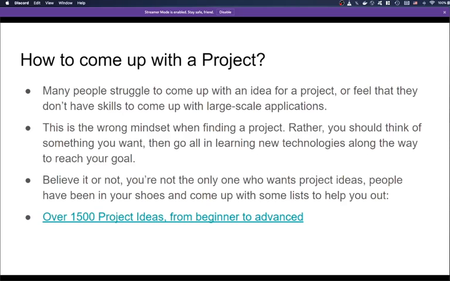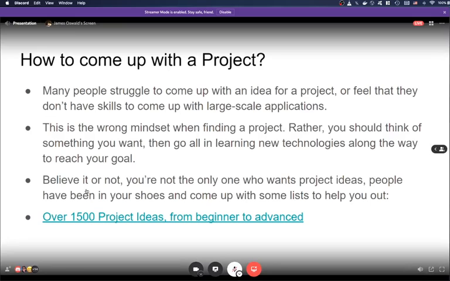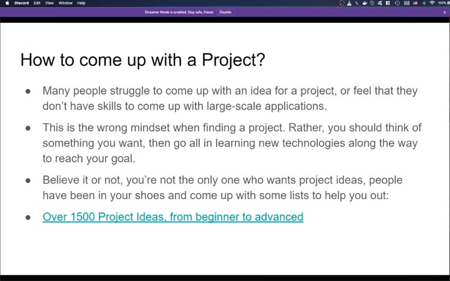Now, I know there's still people who, even when I say this, struggle. So first off, a quick recommendation. If you ever have an idea and you're like, I want this application, this sounds like it would be really cool, but I don't know how to program this, it's okay. You should write it down, don't lose the idea, and then when you have free time, or you feel like you could work on a project, or maybe you practice coding for an hour every day, like you should be, by the way, you can use that time to try and implement your project.